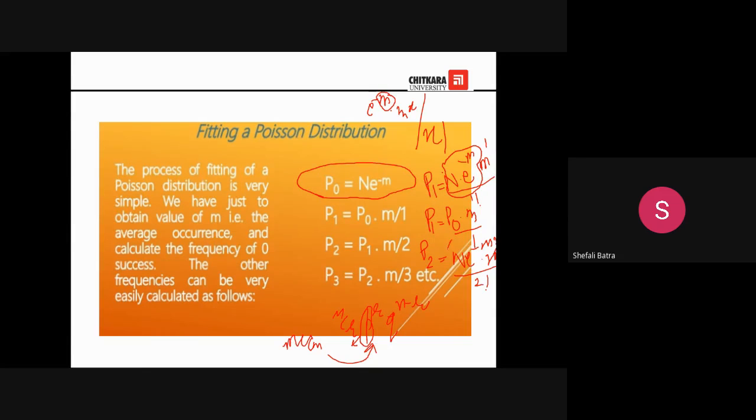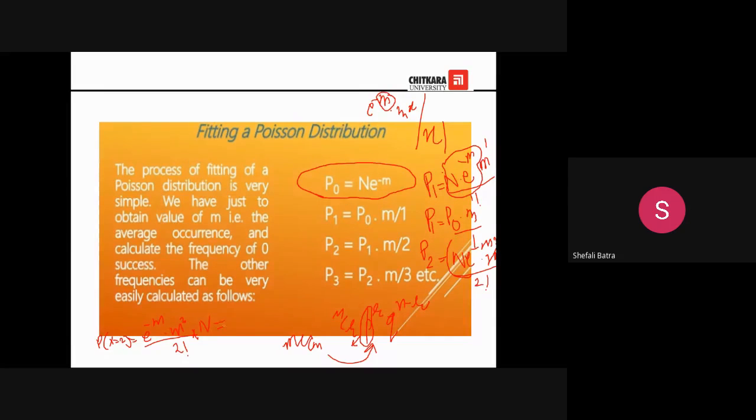So again, you'll be getting the same term n e raised to power minus m. Okay, I'll be writing here P2 means when x is equal to 2, and that is equal to e raised to power minus m into m square divided by 2 factorial into n.